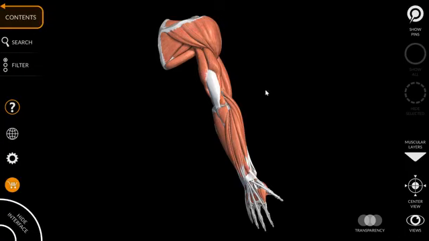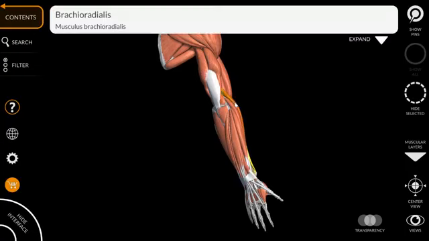As I have told you, there are two muscles present in the lateral facial compartment of the forearm. One is brachioradialis and the other one is extensor carpi radialis longus. The bone present laterally in the forearm is the radius, and the bone present medially is the ulna.